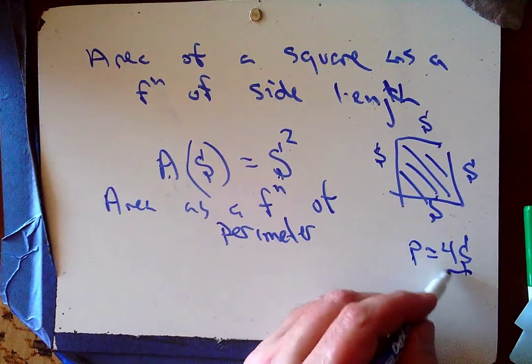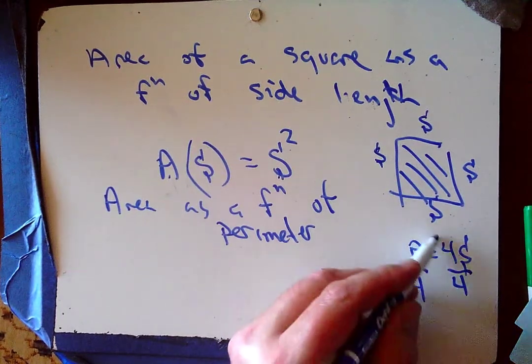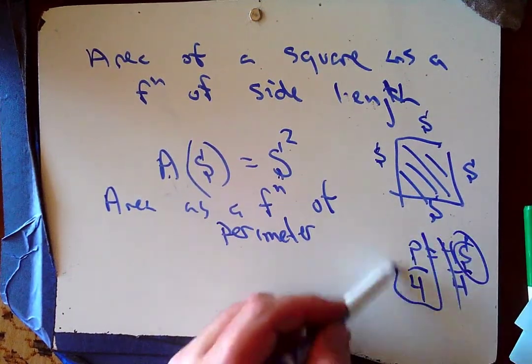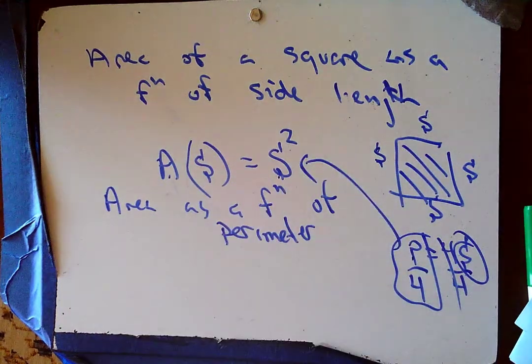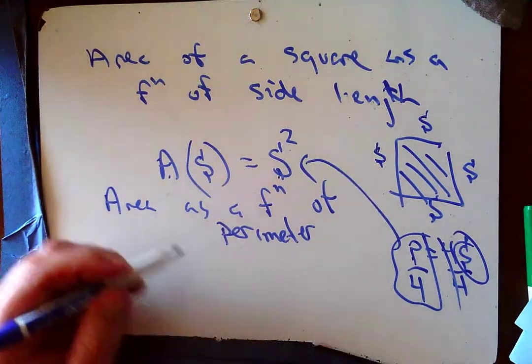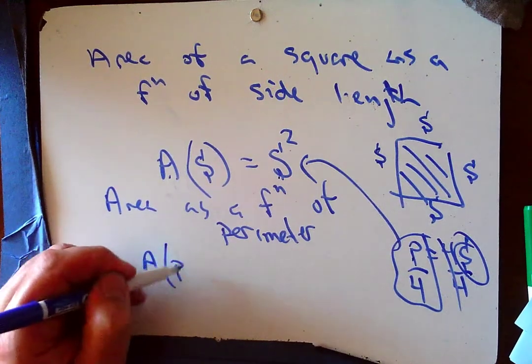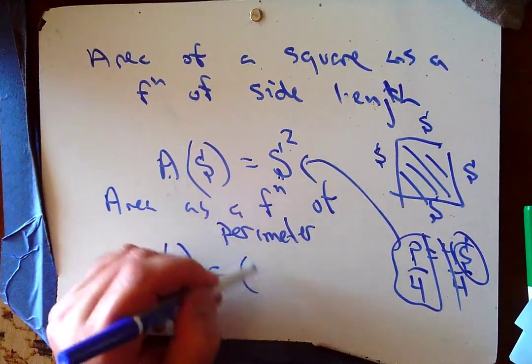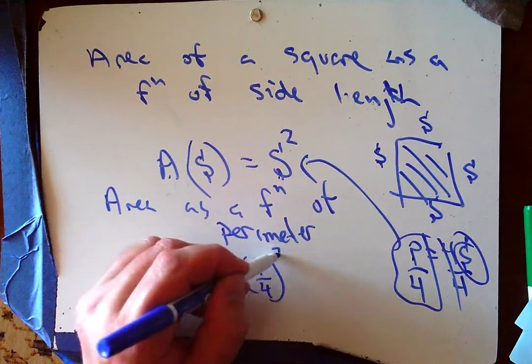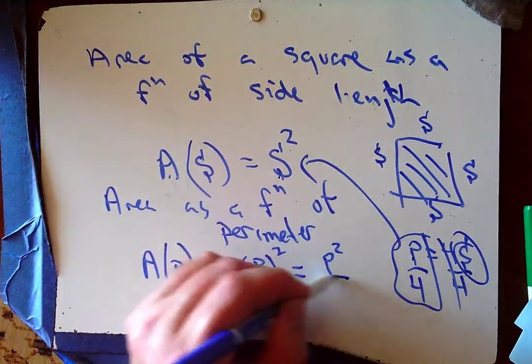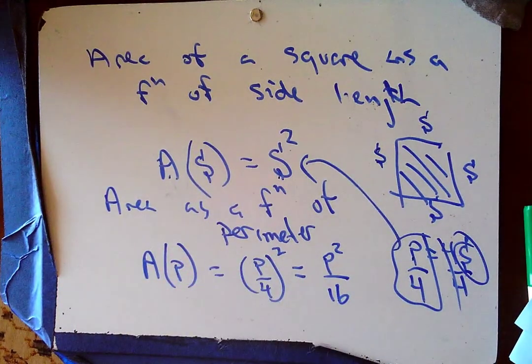So I really need to take this helping equation and solve it for s so that I can replace s in this area function that I know with some perimeter stuff. So area in terms of perimeter will be p over 4 squared, or perimeter squared over 16. Okay? All right, how about this one?